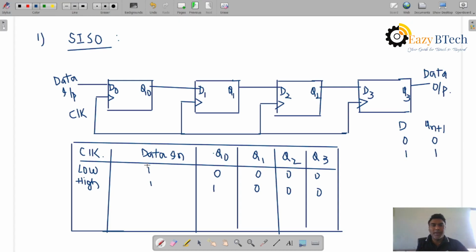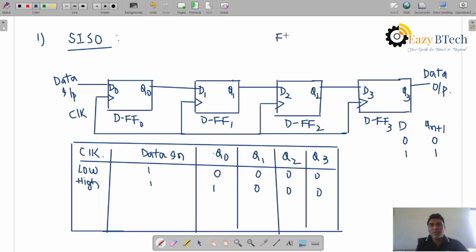So we use only the D flip-flop as the memory element, because the output follows the input signal. D flip-flop 0, 1, 2, 3.